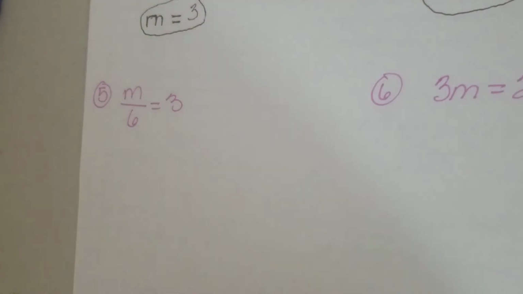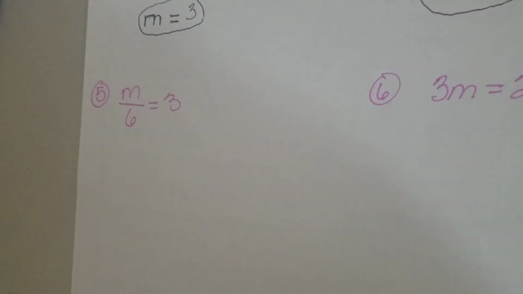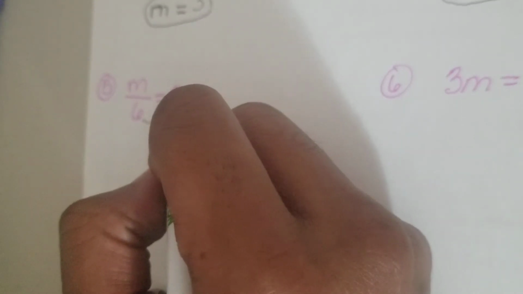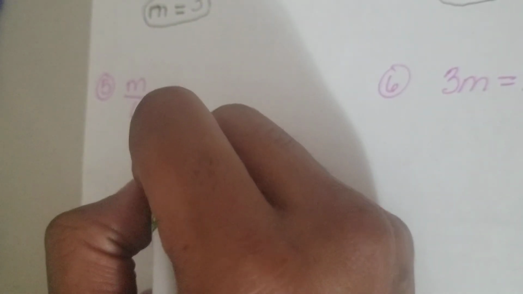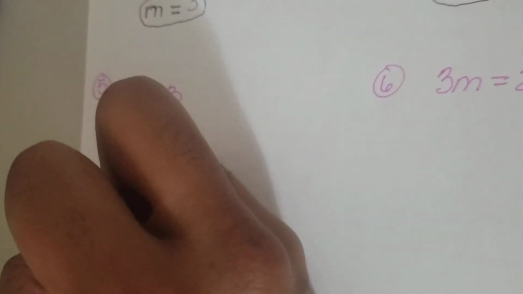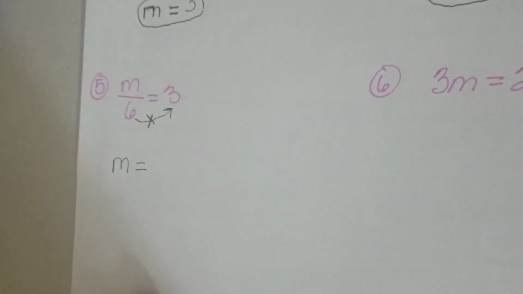Lastly, I have m divided by 6 equals 3. So we're going to take our 6 at the bottom here and multiply it by what's outside, which is that 3. I'm going to bring down my m like so.